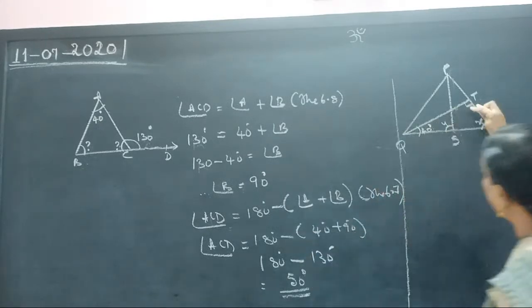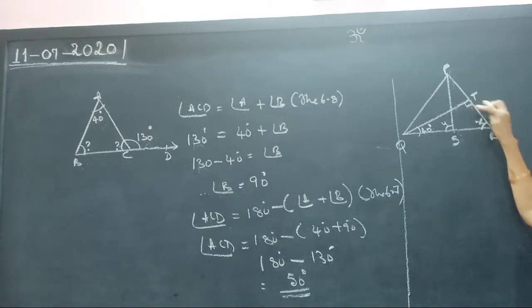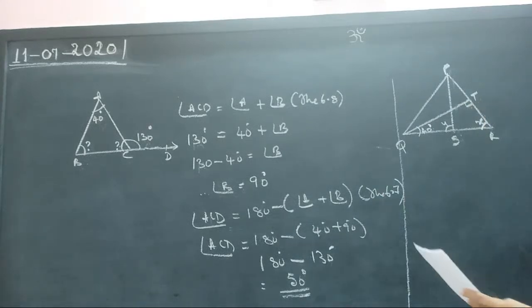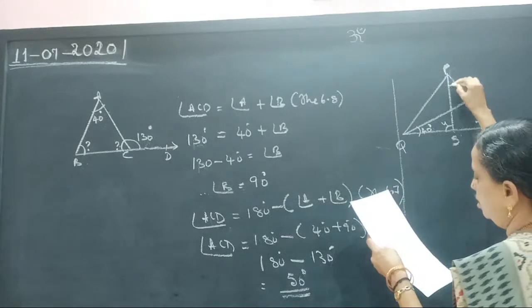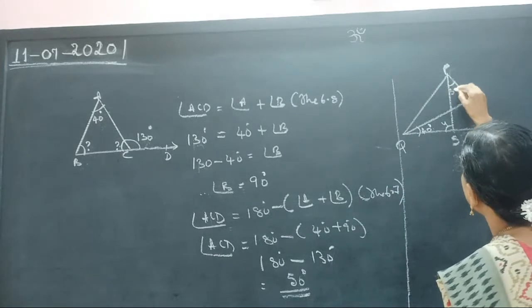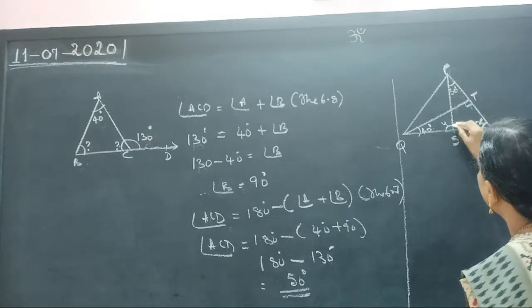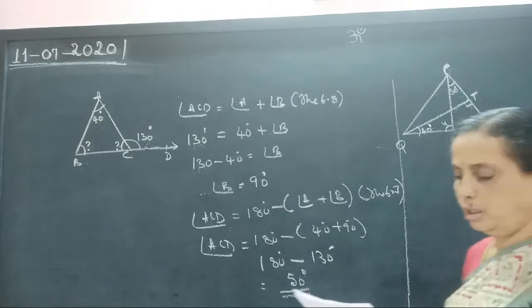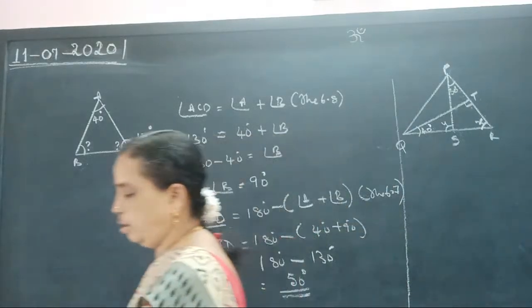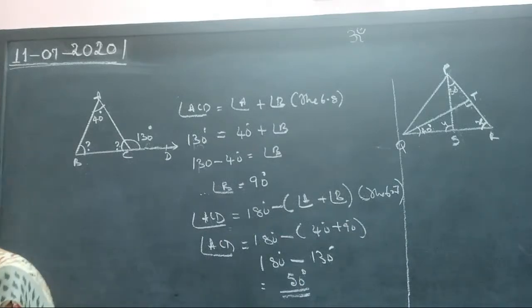So this symbol gives the measure of 90 degree, and here it is 30 degree. Take the figure. TQR and QTR are given, and also angle SPR is 40 degree.